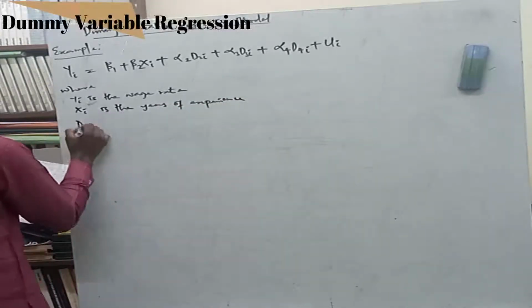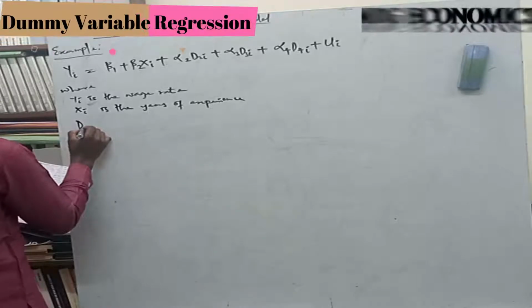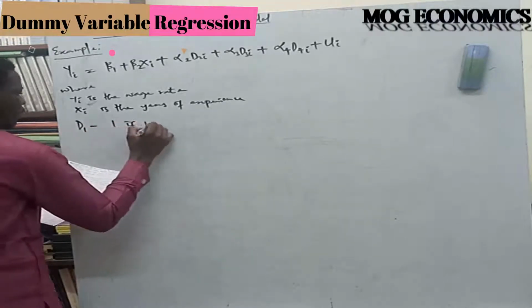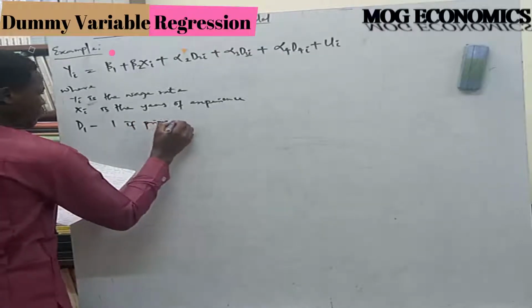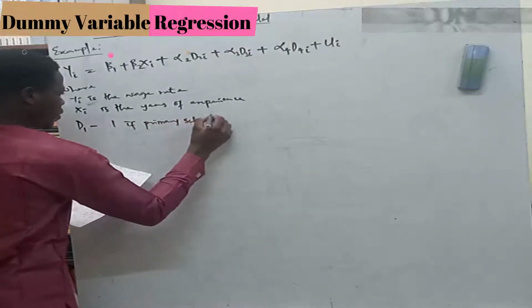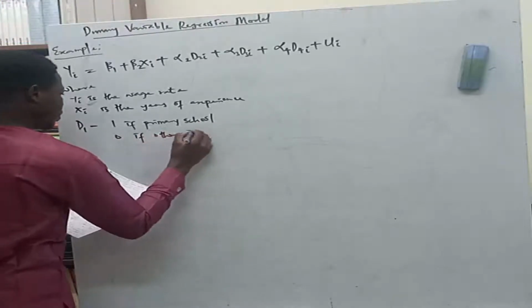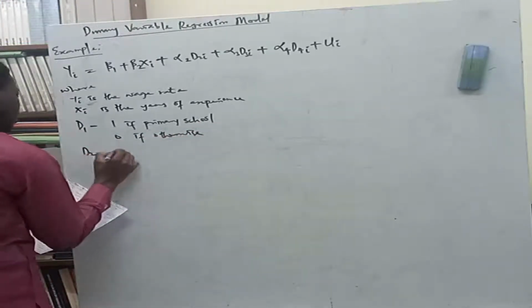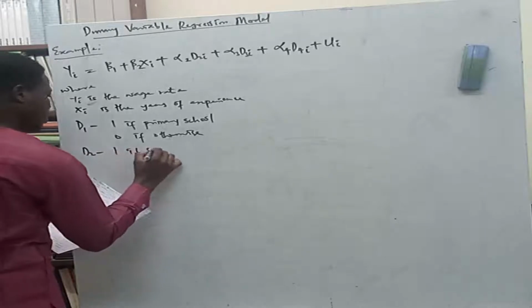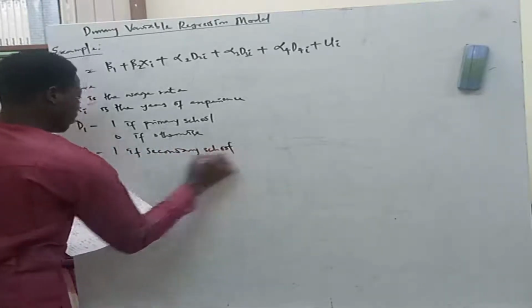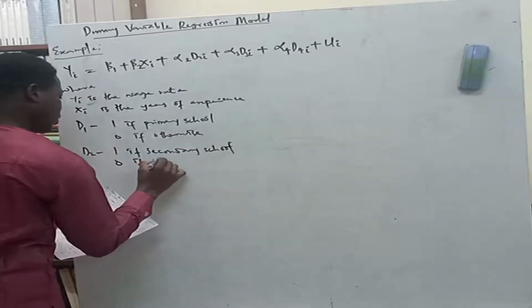Then we have D1, 1 if primary school, 0 otherwise. Then D2, 1 if secondary school, 0 otherwise.